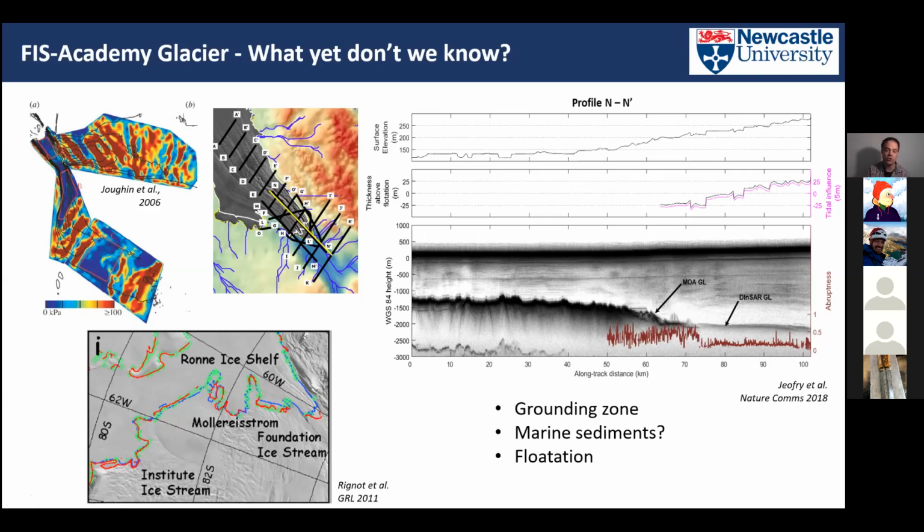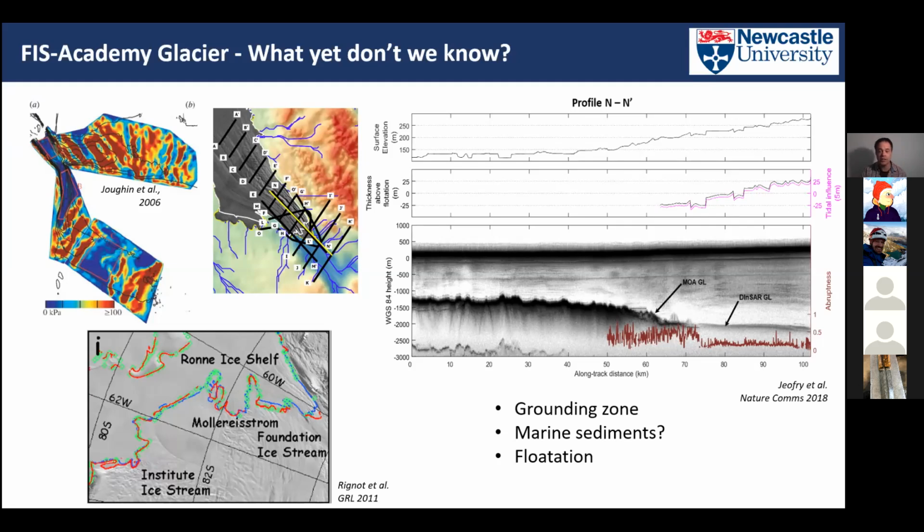One question that's also arisen from that work by FIS is the fact that the Foundation is actually not very far above flotation, right? So only about 25 meters or so above flotation for about 50 kilometers inland. So if you have even modest thinning of the Foundation ice stream trunk, then you could have flotation of the trunk of Academy as well.